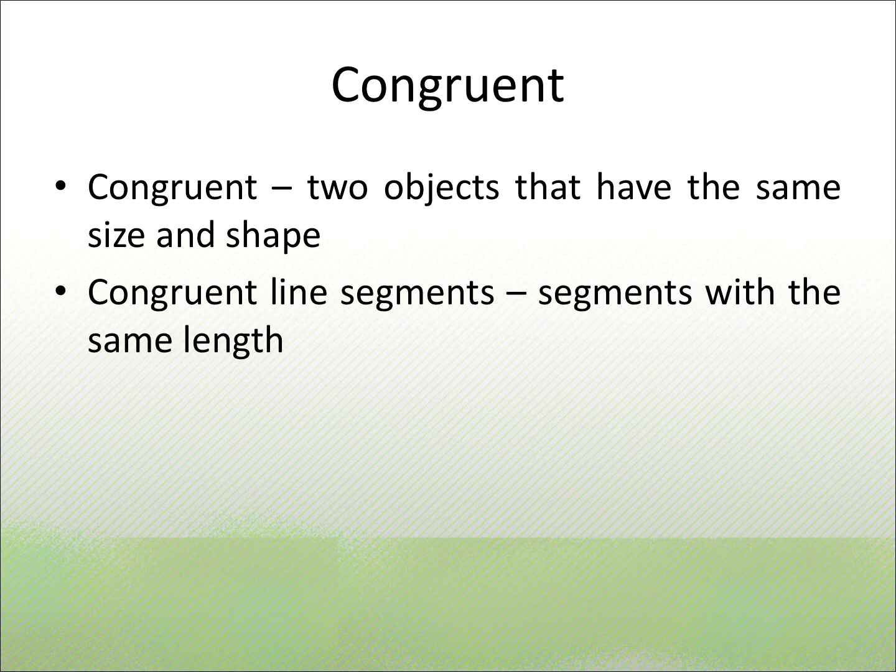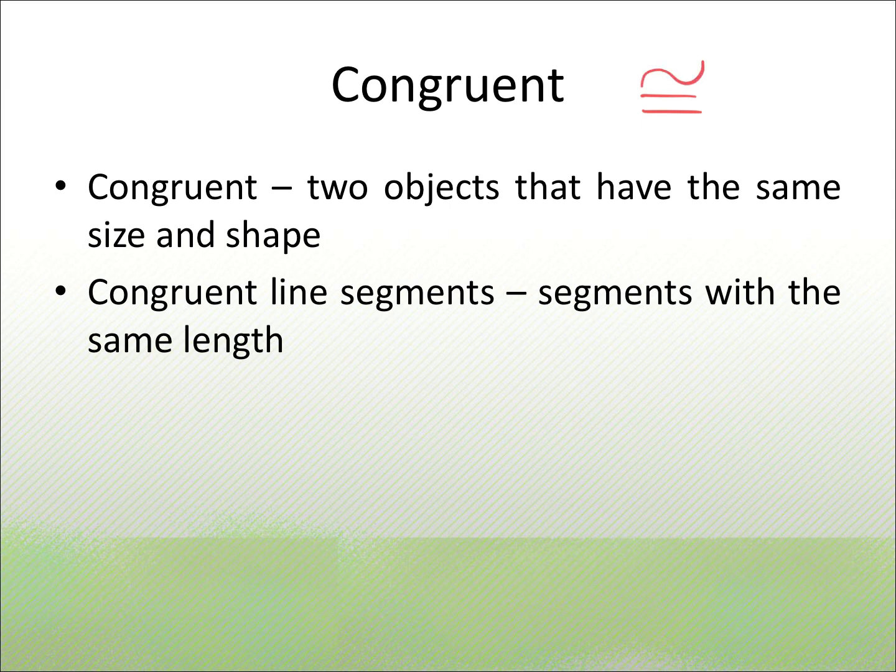The term congruent means that when you have two objects or two figures, they're going to have exactly the same size and shape. So instead of referring to two shapes as being equal, they refer to them as being congruent. The symbol for congruent is an equal sign, and then it has a little wave on top.